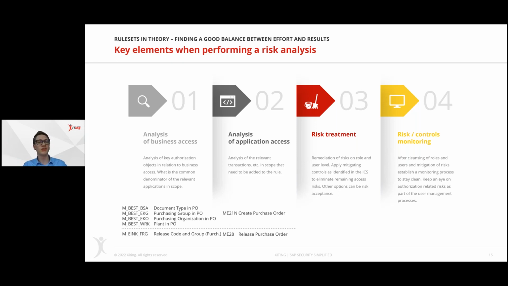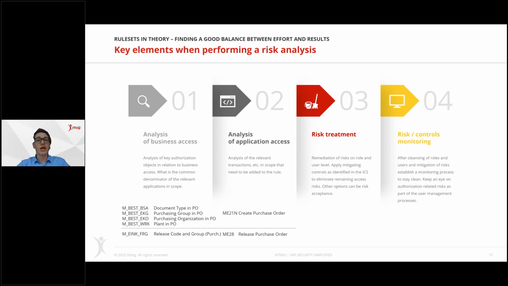Are those the very critical objects, or probably those uncritical objects are also part of other roles? So we really need to look at the very important objects, and this is the way we basically built the rule set. And this way, we would not need to invest a lot of time in creating or building new rules, but also from an operational point of view, it can be easily maintained.